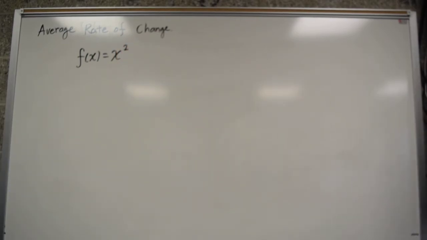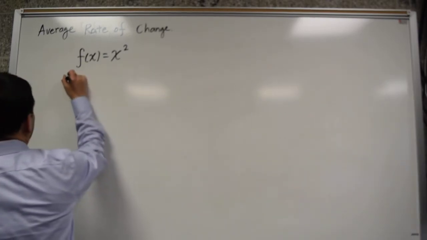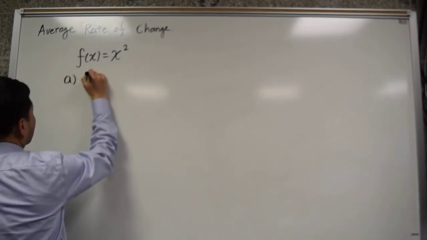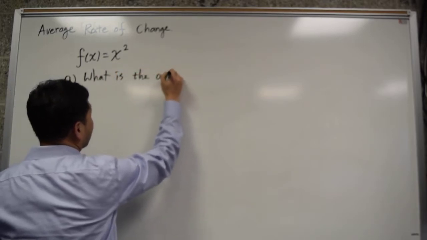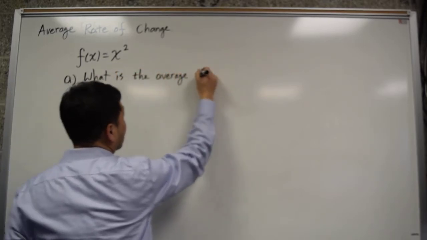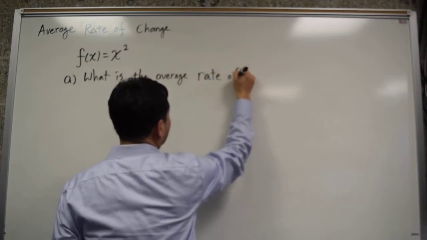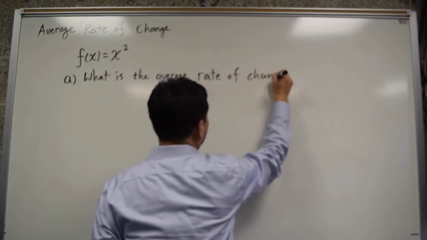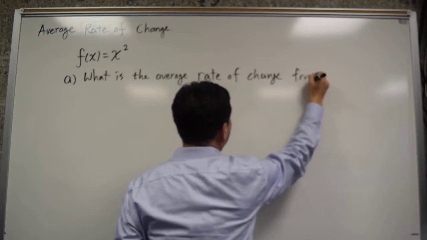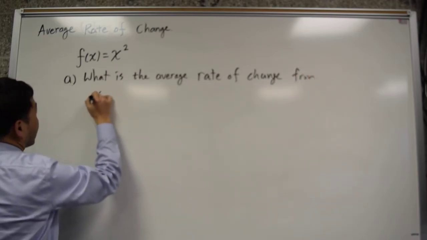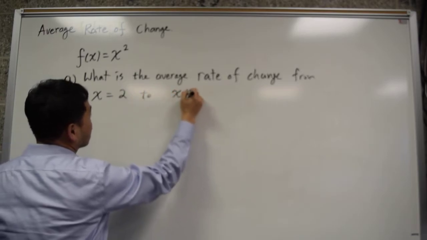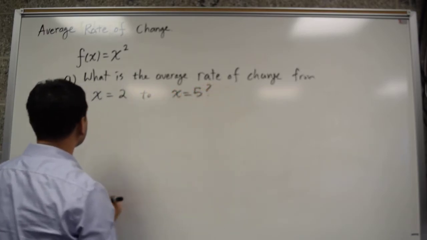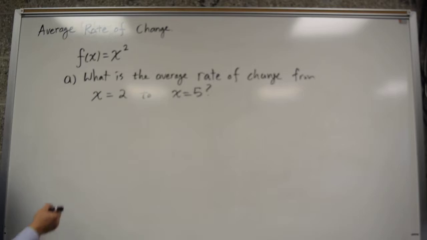The question is, A, what is the average rate of change from x equals 2 to x equals 5?